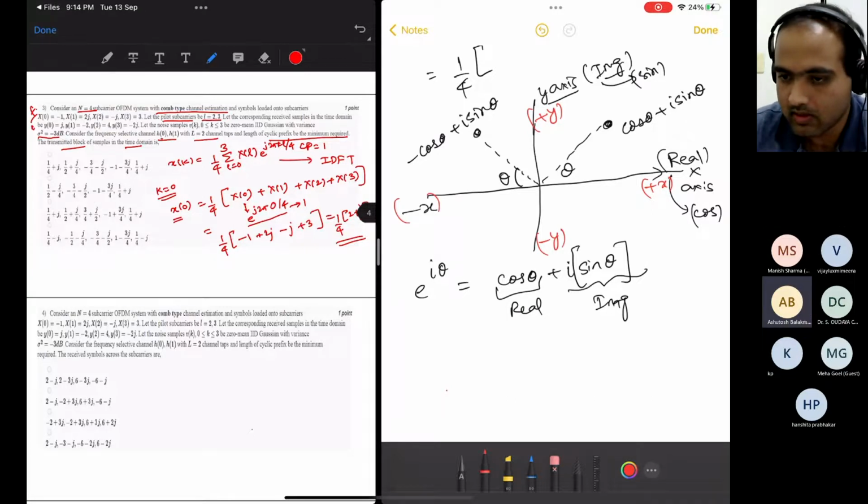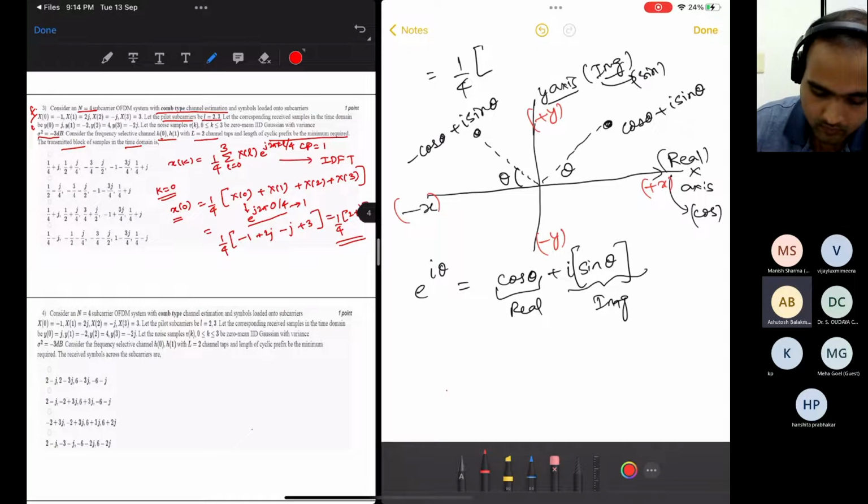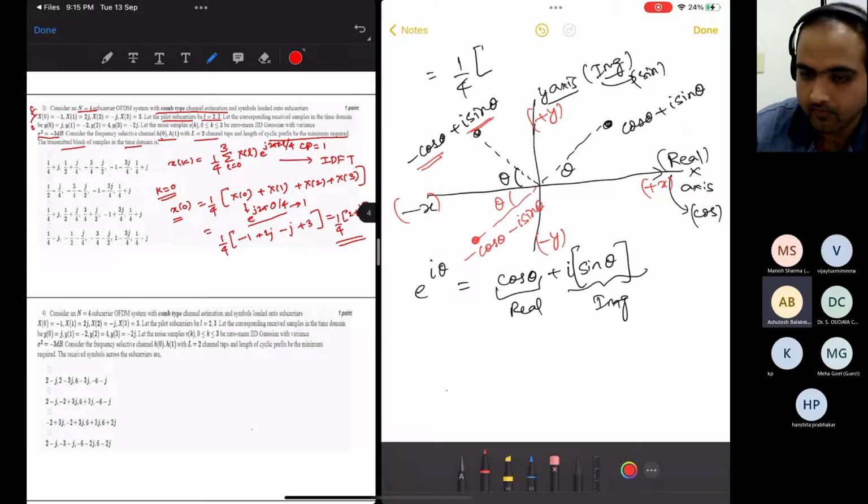Is this clear up to here? Yes, it's clear. So in the second quadrant, any angle will be minus cos theta plus j sin theta. Similarly, if we have any angle in the third quadrant, my x is negative, so it is minus cos theta, and my y is also negative, so minus j sin theta.